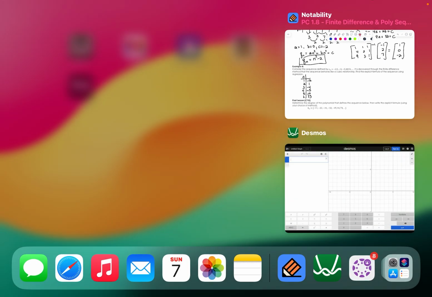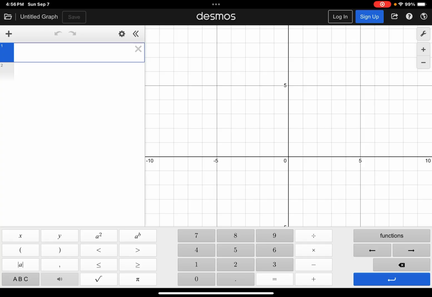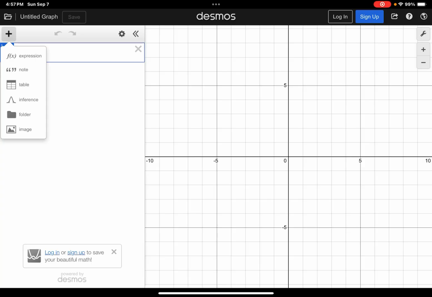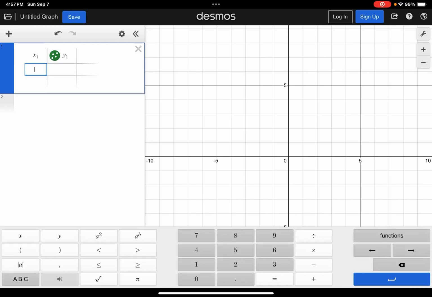So what we're going to do is we are going to go to Desmos, and I'm going to hit the plus sign and create a table. So then what you're going to do is you are just going to enter these values. And then it is really, really neat what happens here.